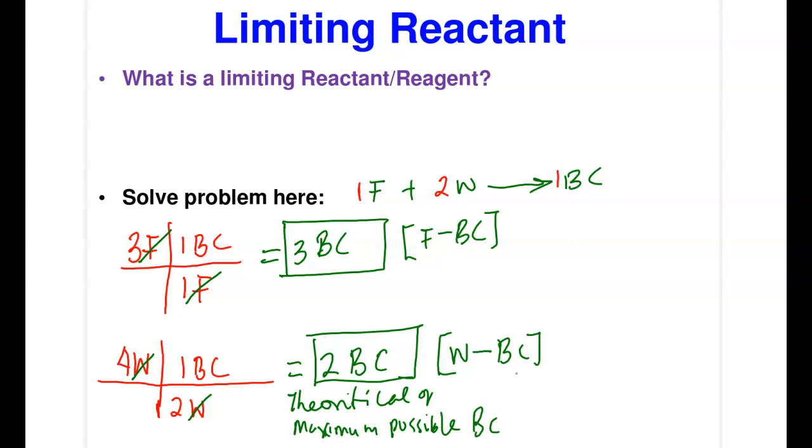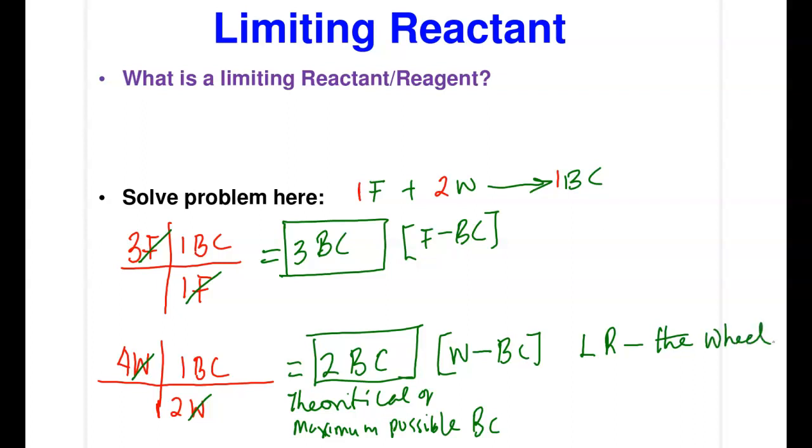And therefore, we'll give it a name very soon. Since I'm going to run out of the wheel, the wheel becomes my limiting reactant. So my limiting reactant will be what? The wheel. The wheel becomes my limiting reactant.